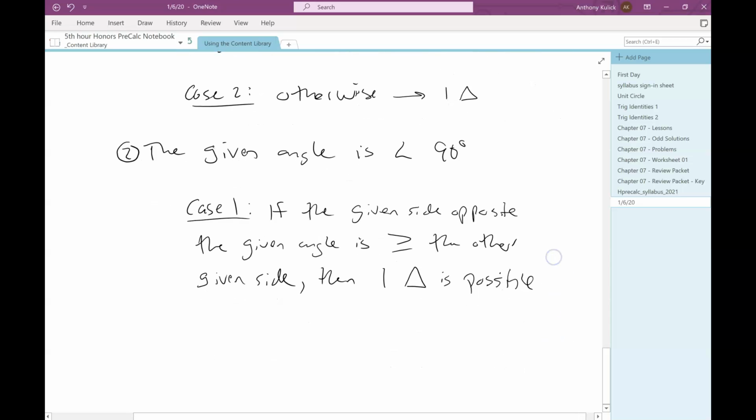If we have an acute angle and the given side opposite that given angle is greater than or equal to the other given side, then just one triangle is possible. So again, nothing strange is happening. Everything proceeds as normal.